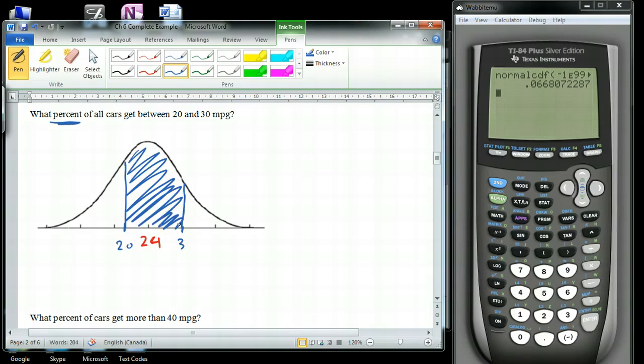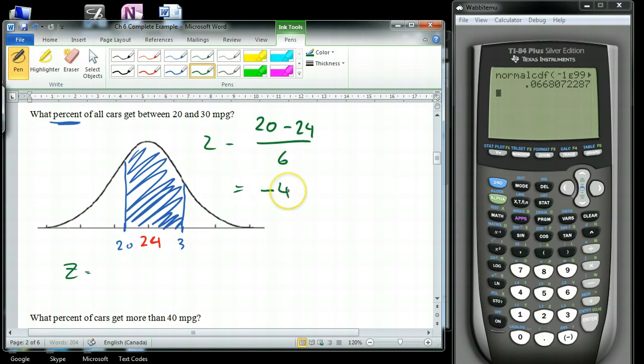So again, first thing, I need to convert both of these scores to z-scores. Z-scores will be down here. Let's do the first one. 20 minus 24, divided by the standard deviation, will give us the z-score.